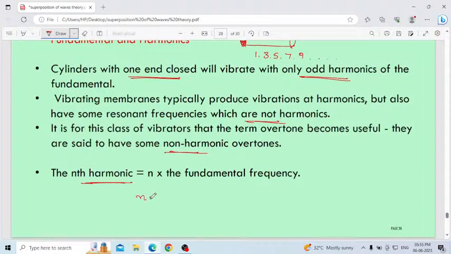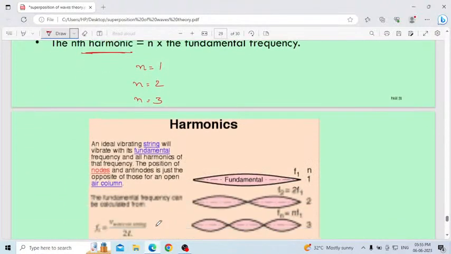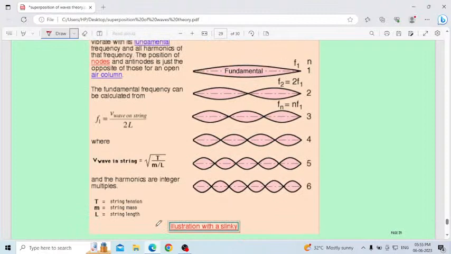When n is 1, first harmonic, n is 2, second harmonic, n is 3, third harmonic, like that. I included it here. When n is equal to 1, first harmonic, n is equal to 2, second harmonic, n is equal to 3, third harmonic, n is equal to 4, 5, 6, like that.